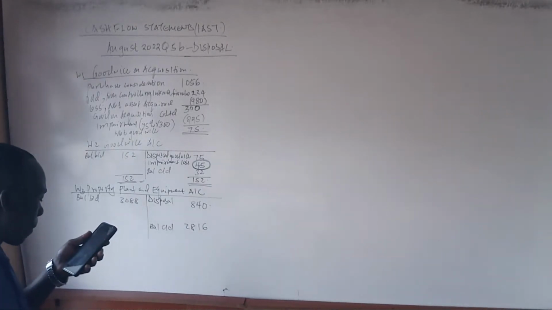Note number 5, we are told that W Limited purchased 40% interest in an associate for cash on 1st April 2021. The associate paid a dividend of 8 million in the year ended 1st March 2022.